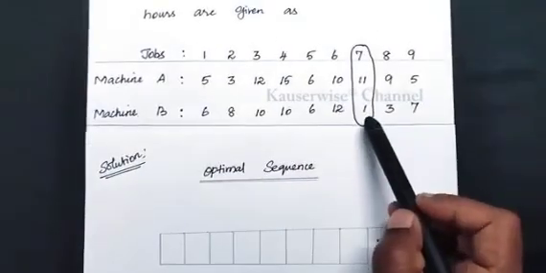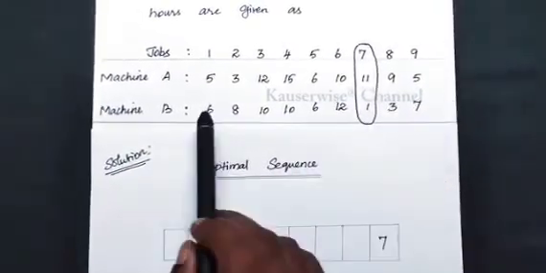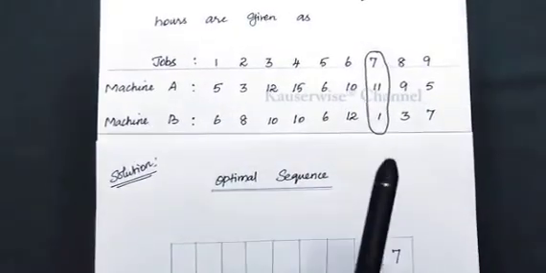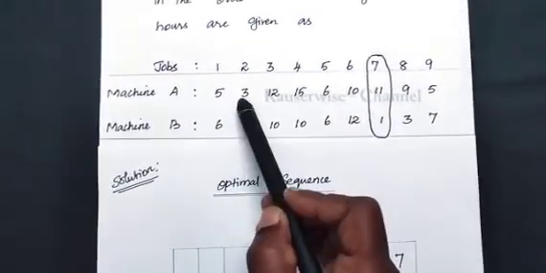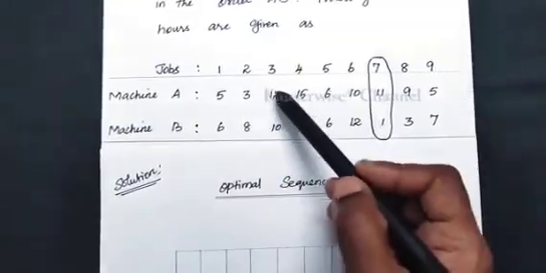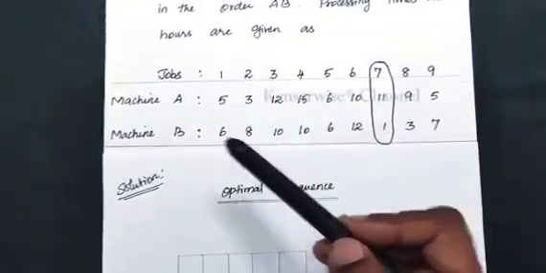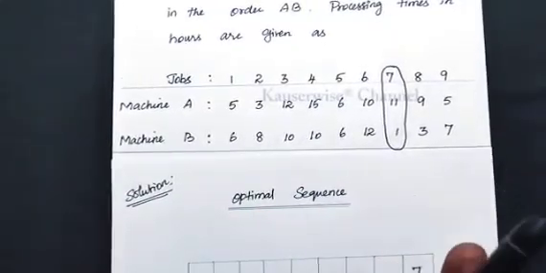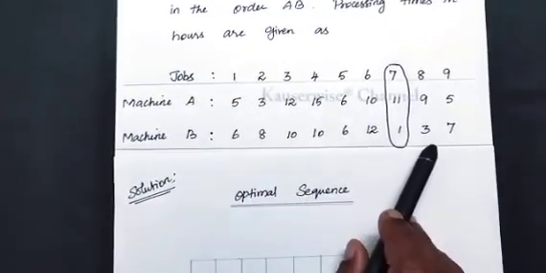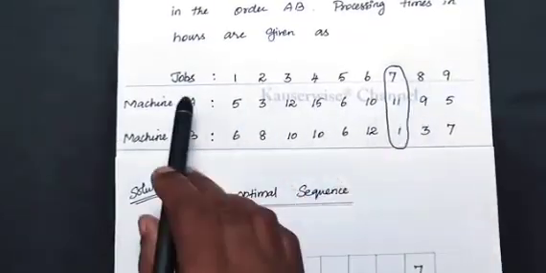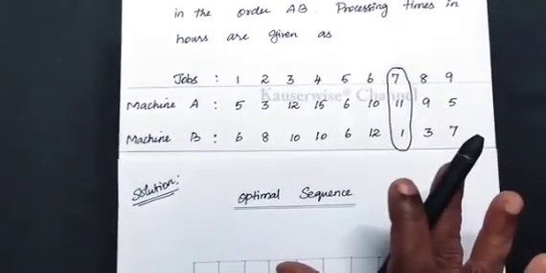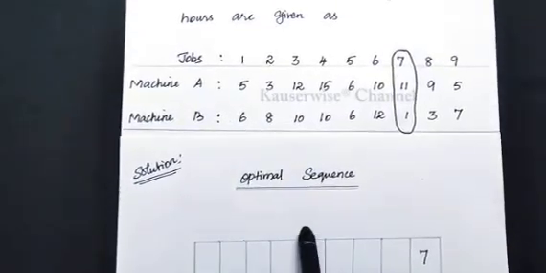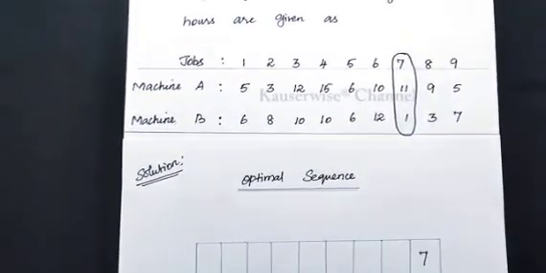After assigning job 7, again we need to find the minimum duration among machine A and machine B. Here 3 is the minimum value, but it occurs in 2 different places on 2 different machines, machine A and machine B. So this is not a tie, because it occurs in different places for different jobs and different machines. So simply you can apply the procedure: for machine A, forward direction; for machine B, backward direction.